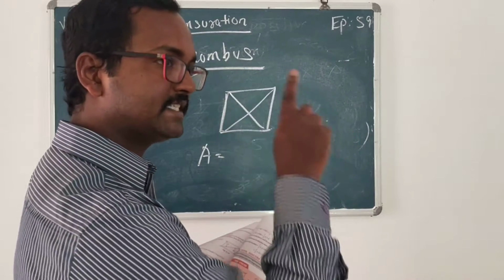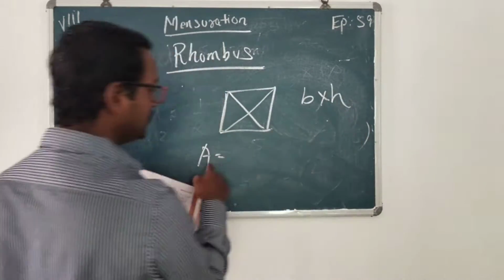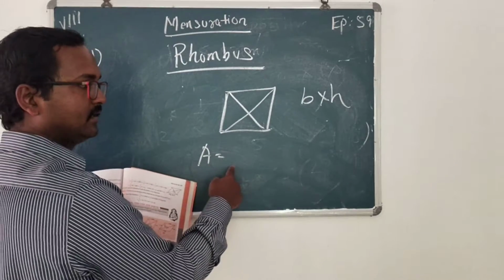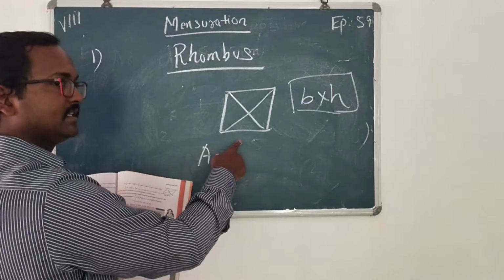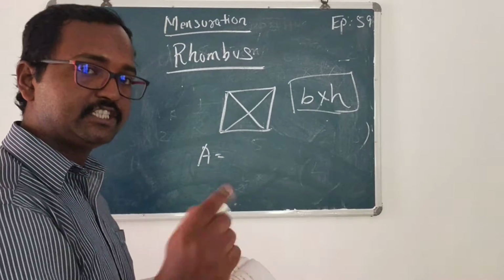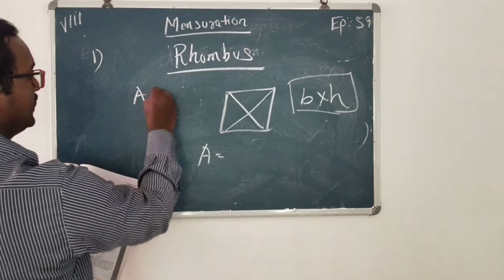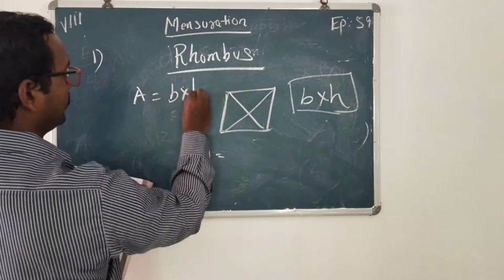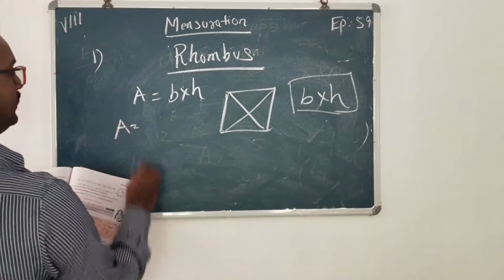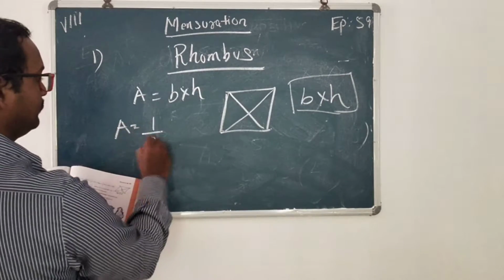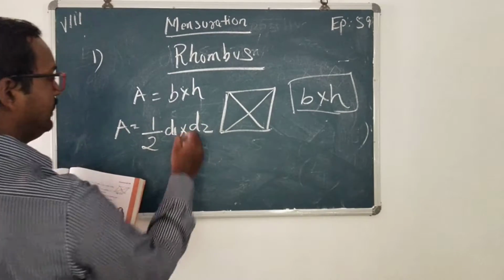The same formula which is applicable on parallelogram, base into height, is also applicable on rhombus. But a rhombus has an additional area formula. So a rhombus has two formulas: base into height, and also half d1 into d2.